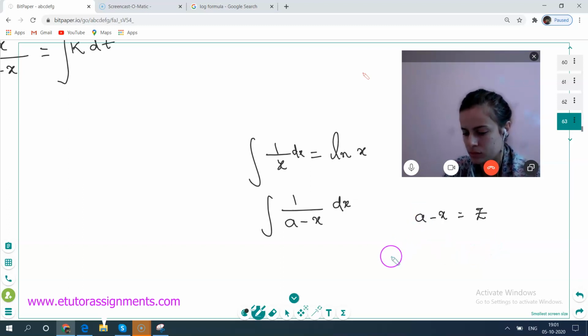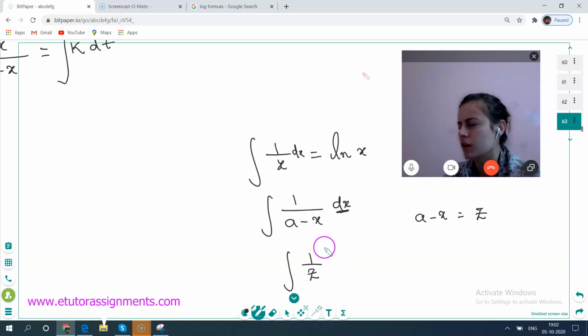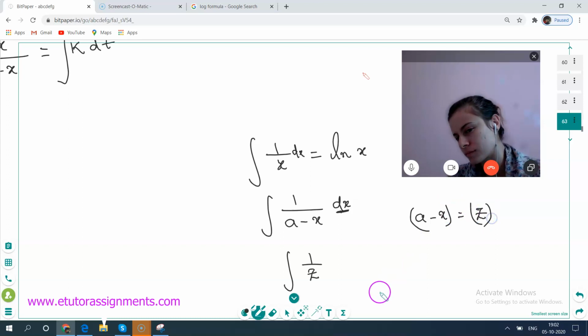Then what happened? Then 1 divided by z dx, and dx is still there. How will you remove dx? You have to change to dz because you are putting z. So differentiate both sides.